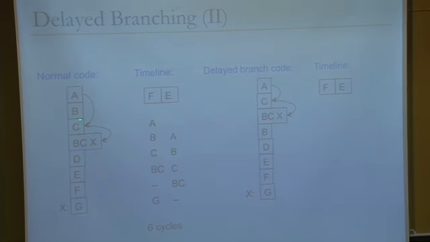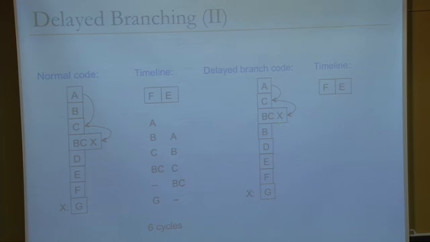But look, there's an instruction here that doesn't affect the condition of the branch. And that doesn't affect also C. Right? Looks like it's independent. The branch is independent, and C is also independent of B, which means that you can move B to the delay slot. Right? That's what we did here.